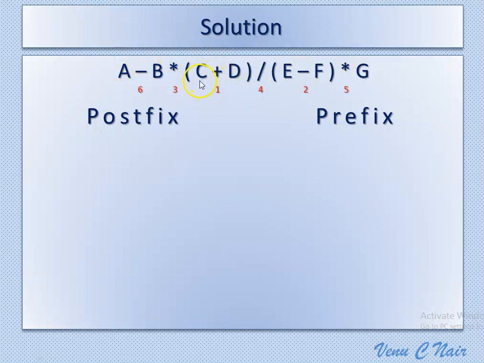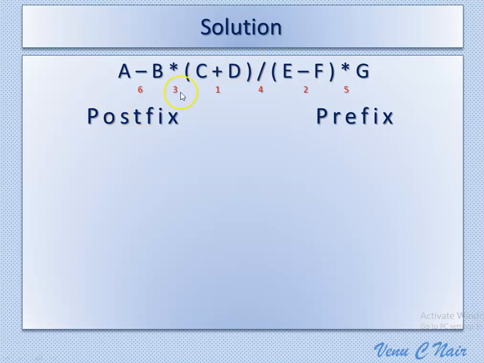So the first operation is C plus D. It has to be converted into C D plus for postfix, plus C D for prefix. All the remaining operands and operators will be intact as available in the infix expression.